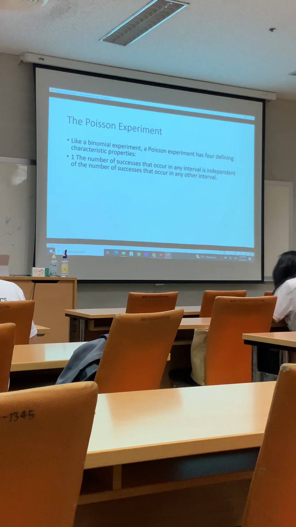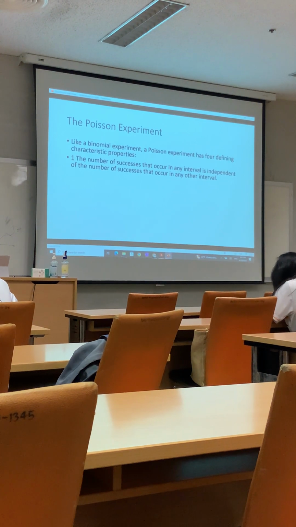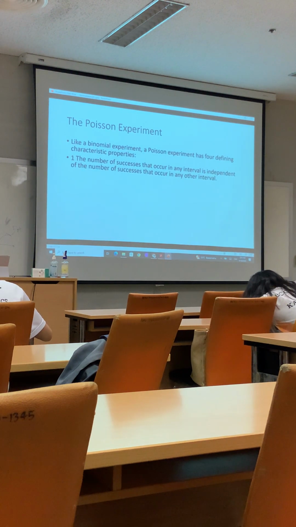Let's say we record the number of accidents in April and the next time in May. We have to assume that the number of accidents in both April and May are independent from one another. So that is rule number 1, which is close to the rule of binomial distributions.